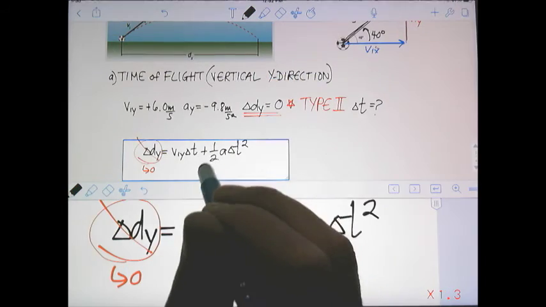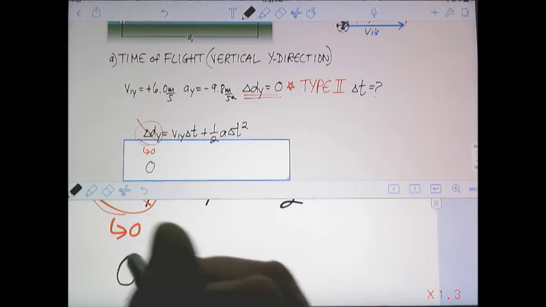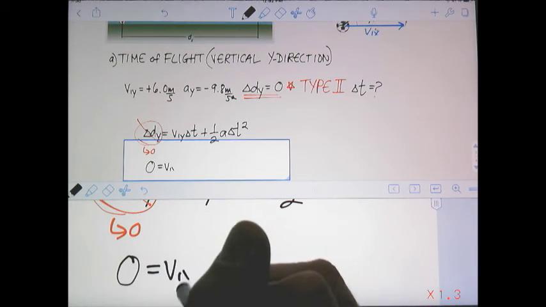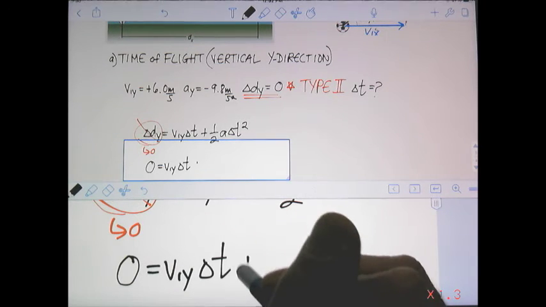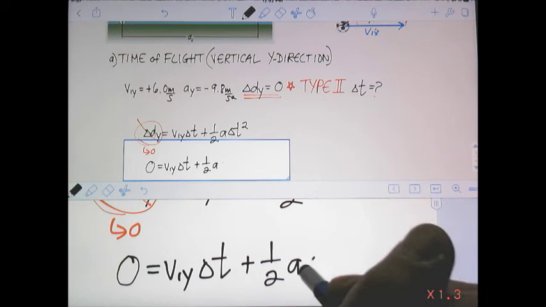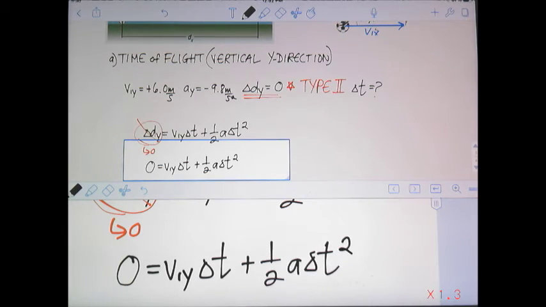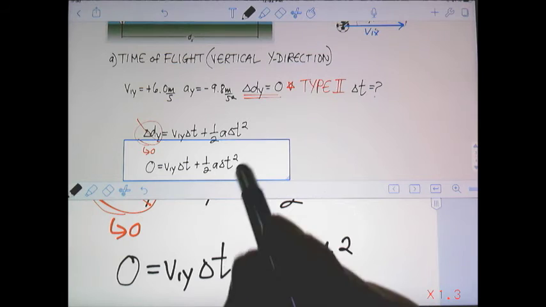So we'll rewrite this as 0 equals v1y delta t plus 1/2 a delta t squared. And I'm about to show you how to solve this for delta t. It's a bit of a trick. It might not be intuitive, but after seeing me do it and practicing this several times, it should become automatic for you.